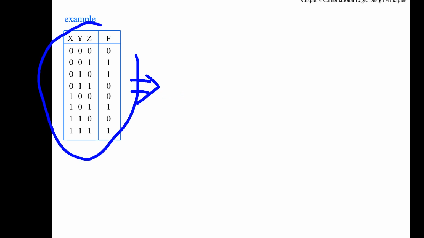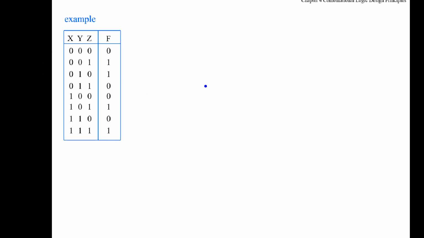So to make it more comfortable to find 1-bit different inputs that make logic 1 output, we will write down a new table that keeps the same information of input and output.